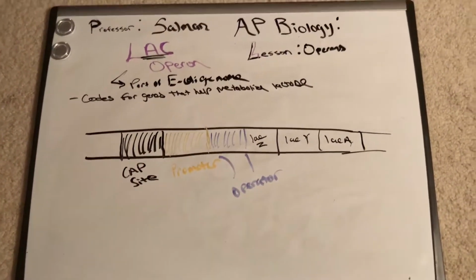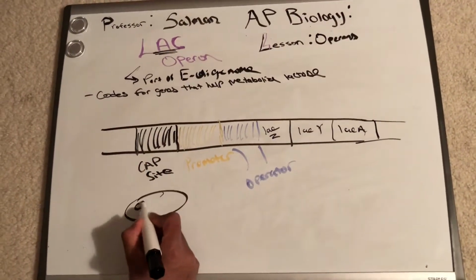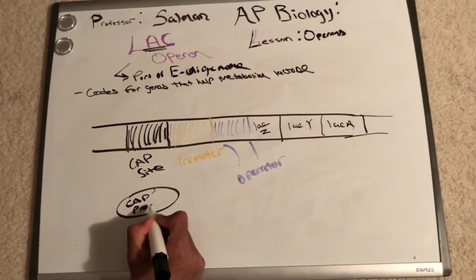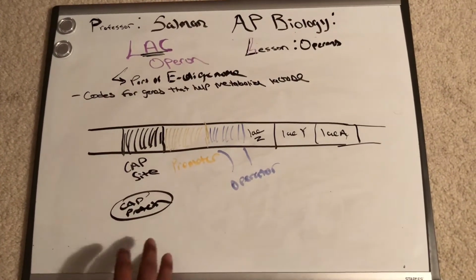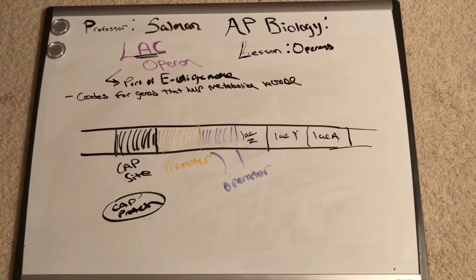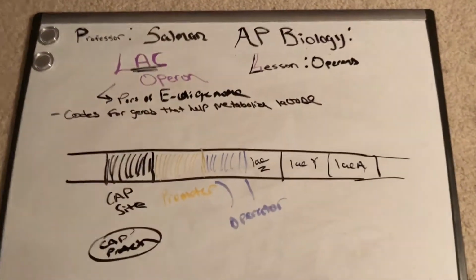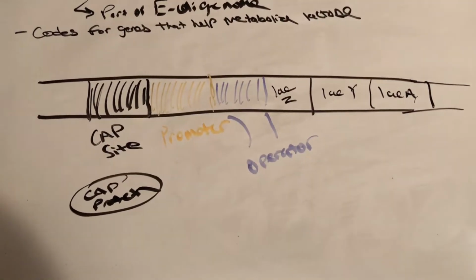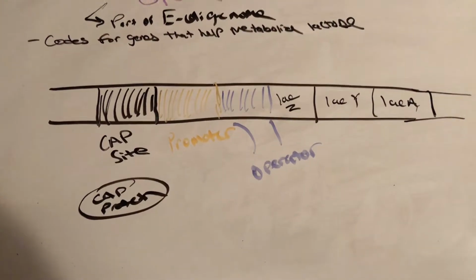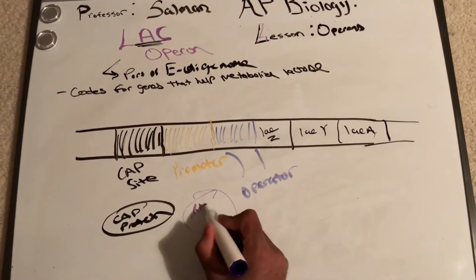And what this CAP site is: you have this CAP protein. And this CAP protein, at specific times, can bind to the CAP site and acts as a positive regulatory mechanism that allows RNA polymerase, which is another protein, to bind to the promoter region.